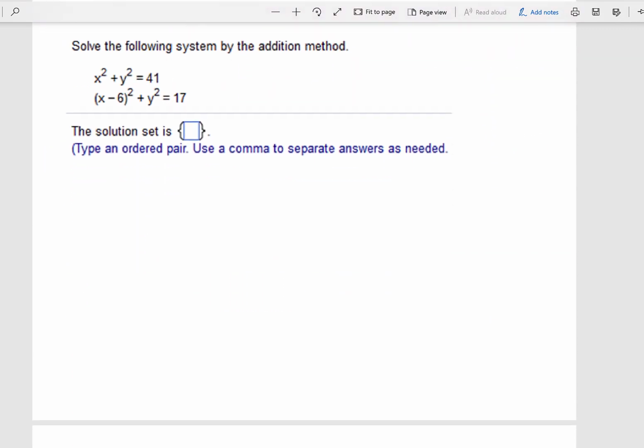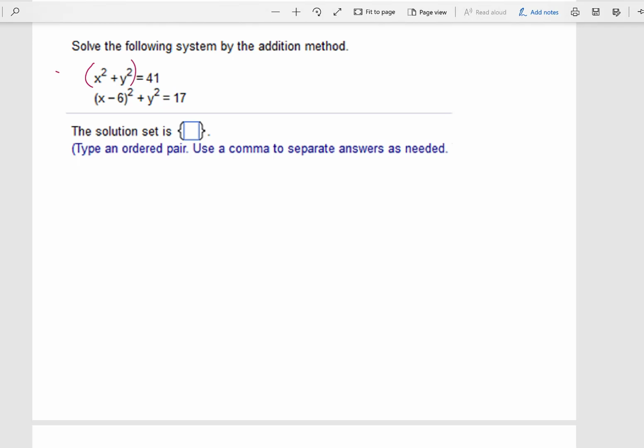Okay, they want us to use the addition method. So be careful here, because obviously that second equation has something else going on that we hadn't seen before, right? That's okay though, because our y squared is sort of isolated in each of the equations. So we can go ahead and make the top one negative.